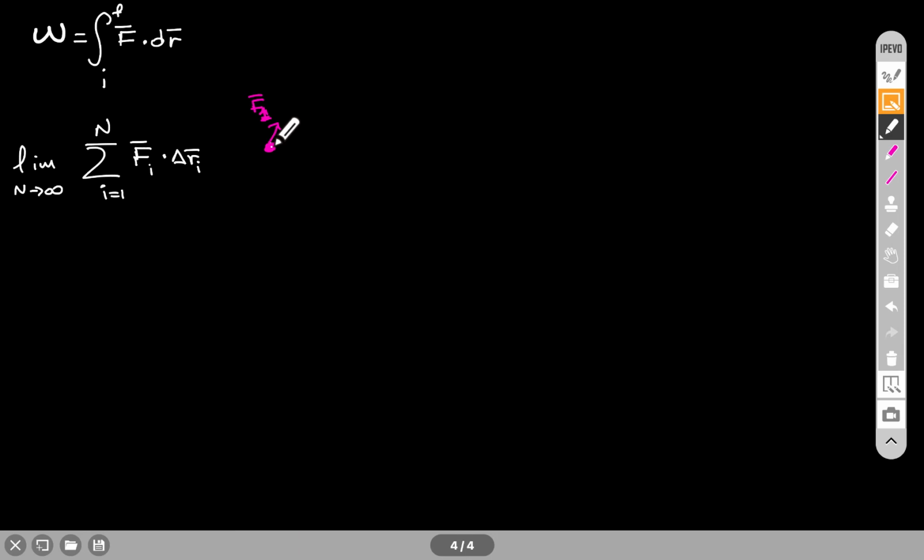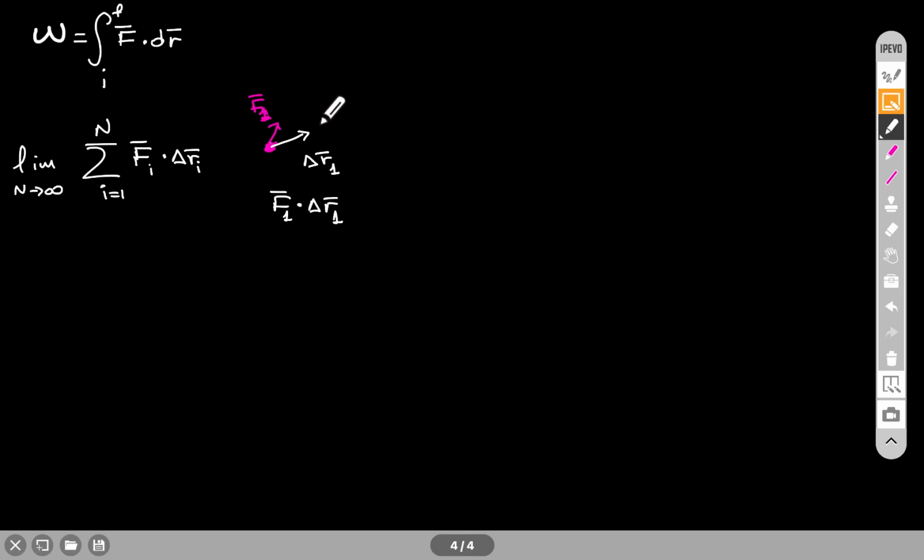This point particle is moving in this direction. The displacement is delta r1. Then to find the contribution to the work done by the force, I will calculate F1 dot product with delta r1. The force is a vector, delta r1, the displacement, is a vector. I can calculate the dot product and I will find a number, whatever that is.